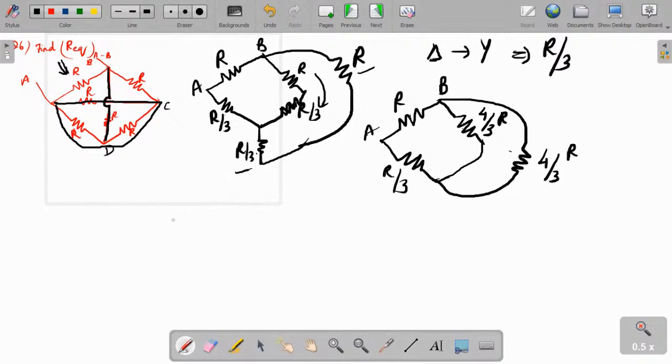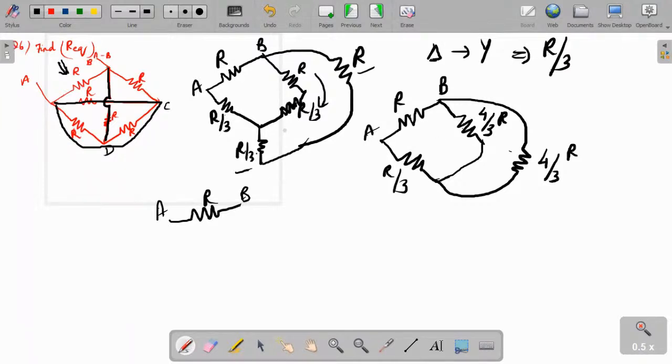So equivalent resistance, equal value of resistance connected in parallel. So idhu R. So idhaan namma simplify panrom. Right, so this is R, the terminals AB. So indha rendu parallel with same value of resistance na just divide the value of resistance by the number of resistors connected in parallel. So 4 by 3 divided by 2 resistors in parallel.